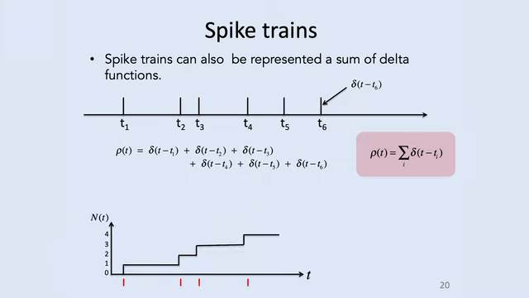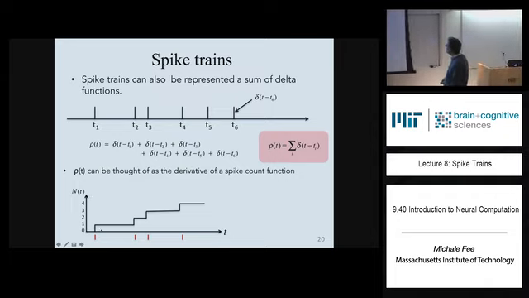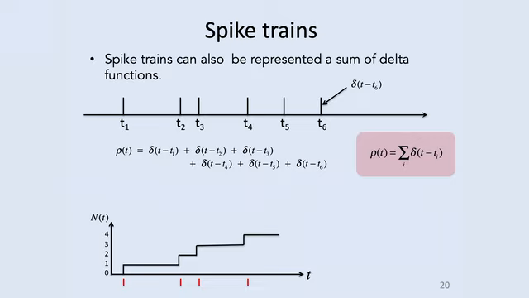Okay, so we can now write down mathematically our spike train as a sum of delta functions, one at each spike time. We can also think of the spike train as being the derivative of a spike count function. So a spike count function will reflect the number of spikes that have occurred at times less than the time in the argument. Okay, so this is our spike train. Then prior to the first spike, there will be 0 spikes in our spike count function.